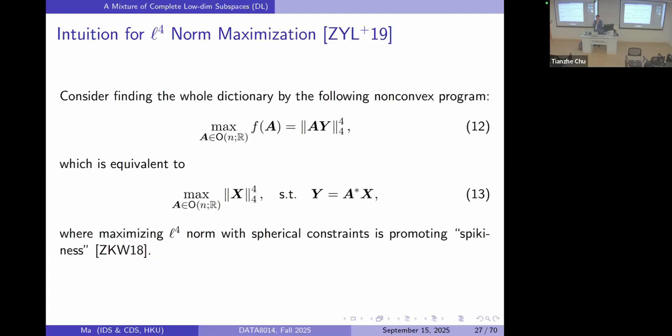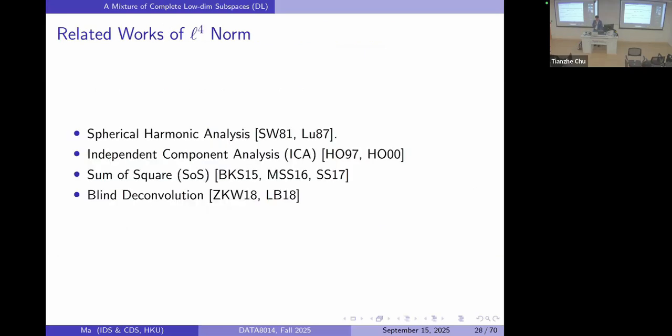The geometry behind it is beautiful. It's an L4 norm maximization and so on. So we started to dig around: has anyone done this before? Before, everybody was doing one minimization; now we find that L4 is much more beautiful. The global geometry and landscape are beautiful, and it works much better than we expected, than anything else. We started to dig around, has anyone done this before? Turns out yes.